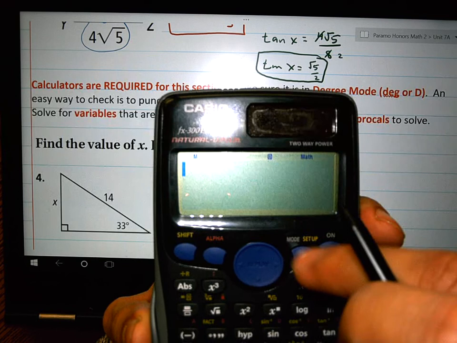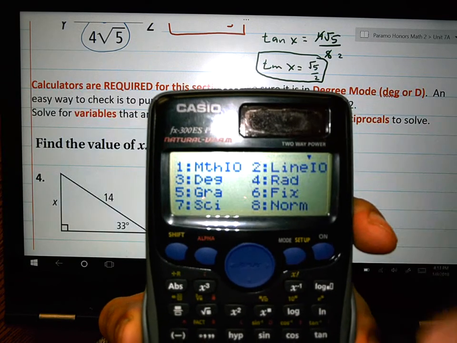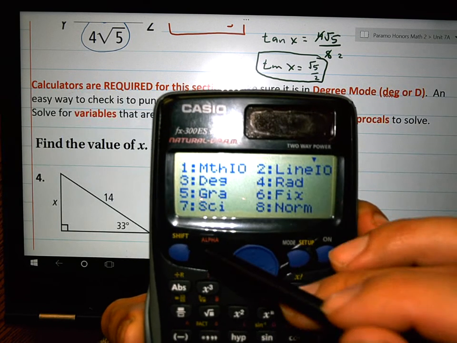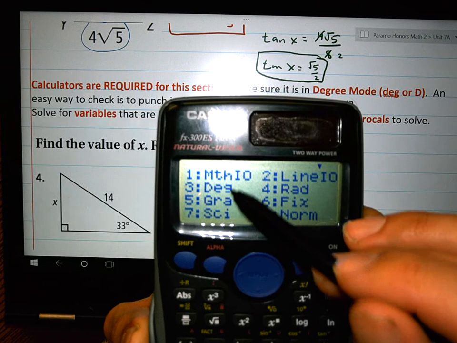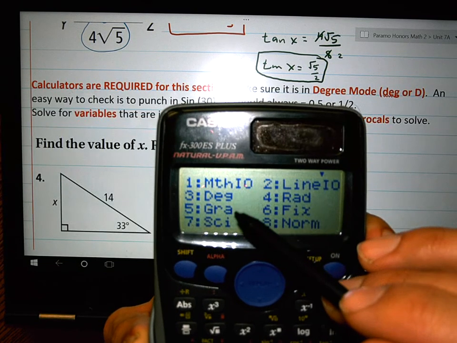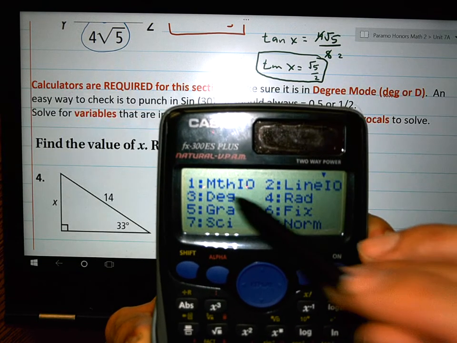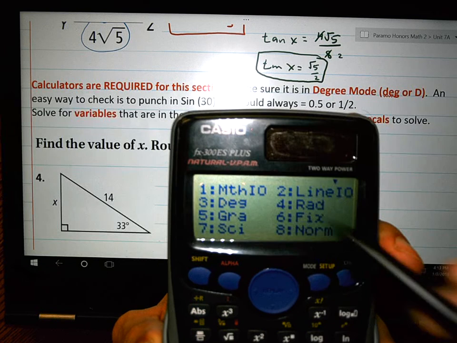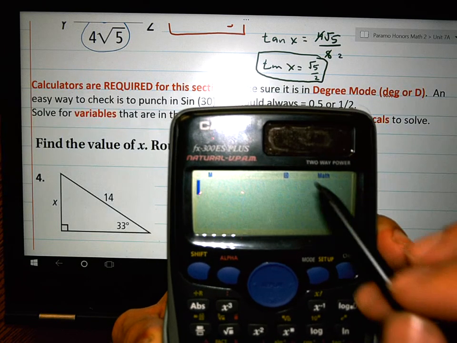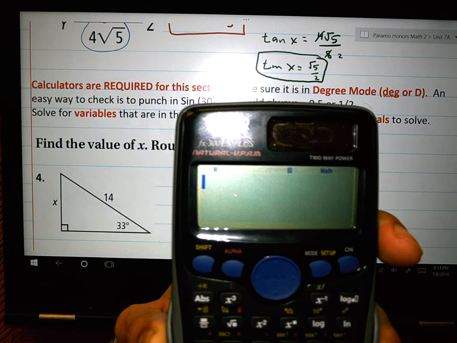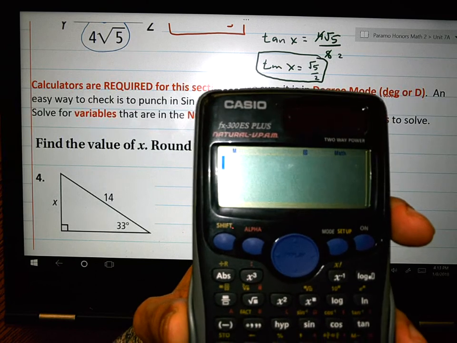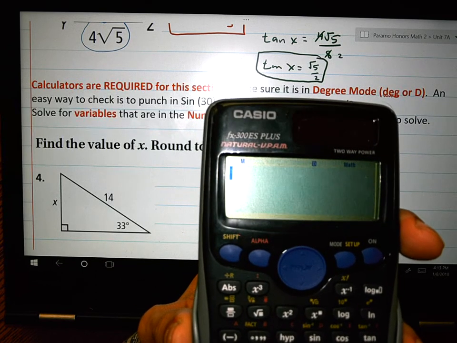If I do not have it in degrees, the way I can check is I press shift, setup, and there's degrees, there's radians, and there's gradients. So I can go from degrees to radians and back and forth here. I would need to choose 3, and there should be a letter D there on this type of calculator. If you have a different calculator, you need to make sure you know how to make sure it's in degrees.